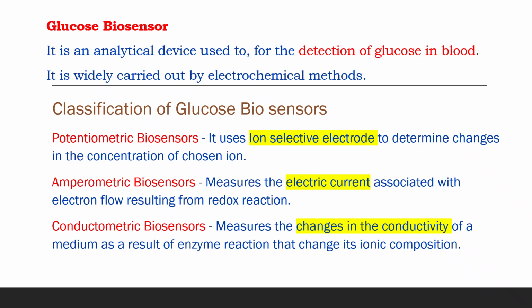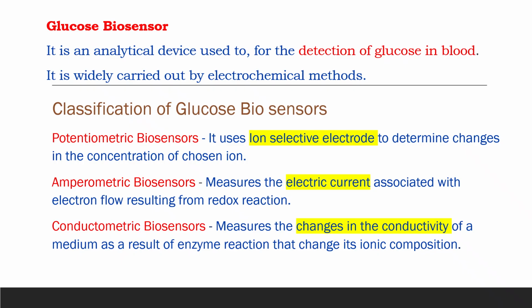Glucose biosensor. It is an analytical device which is used for detection of glucose present in the blood sample. It is widely carried out by electrochemical methods. There are three kinds of electrochemical methods with which you can detect glucose in blood. First one is the potentiometric biosensor, where we use an ion selective electrode and measure the potential.